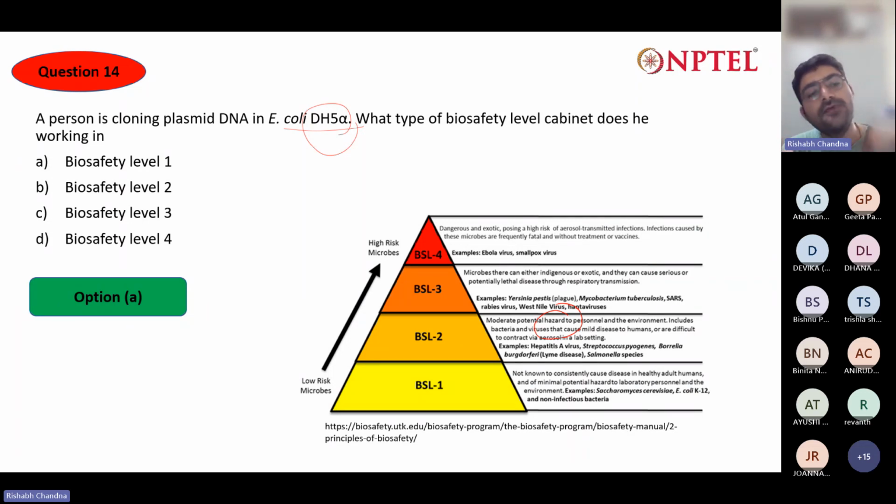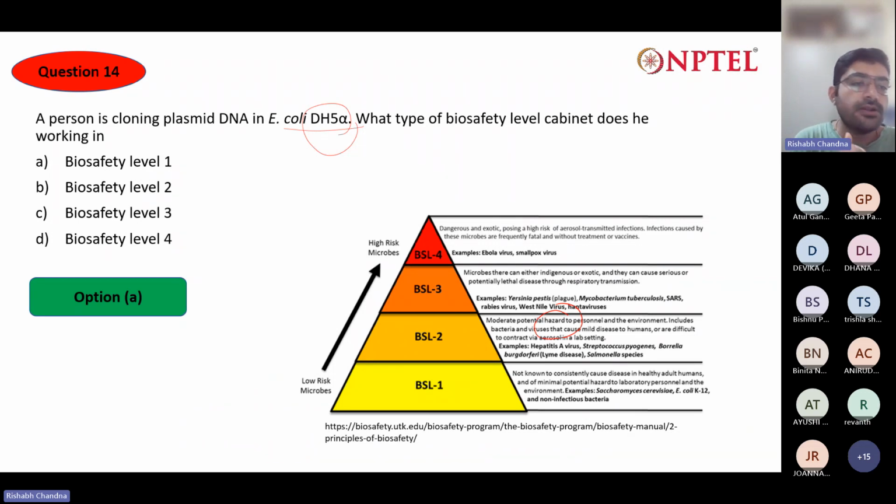That's why we work with it in BSL3, but it will not transmit with a very fast mechanism as compared to Ebola or any other viruses. Okay, so that's why it is put in BSL3.